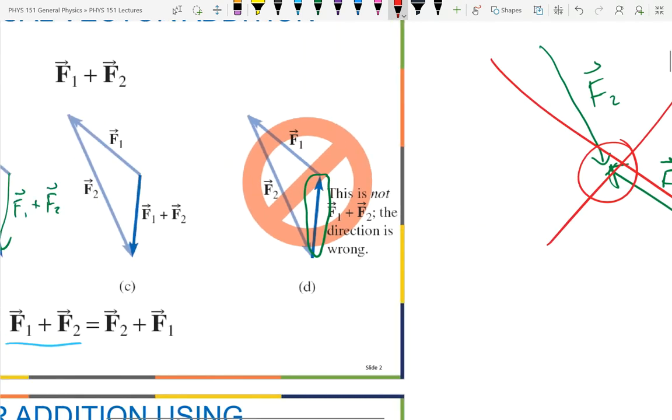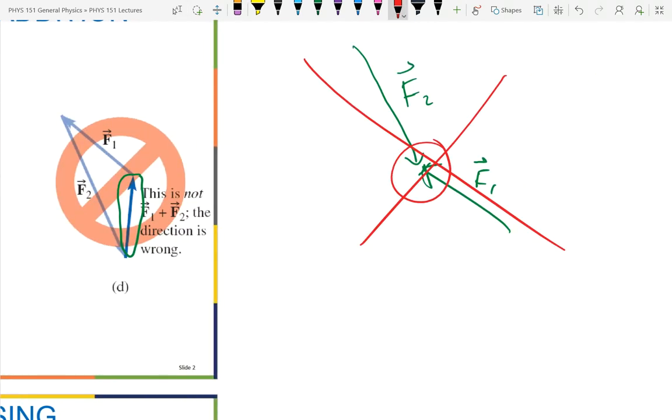Now, one last thing here. What if you're subtracting? What if I want F1 minus F2? I will tell you the answer rather than have you come up with it. But the answer is really simple. F1 minus F2 is clearly equal to F1 plus a negative F2.